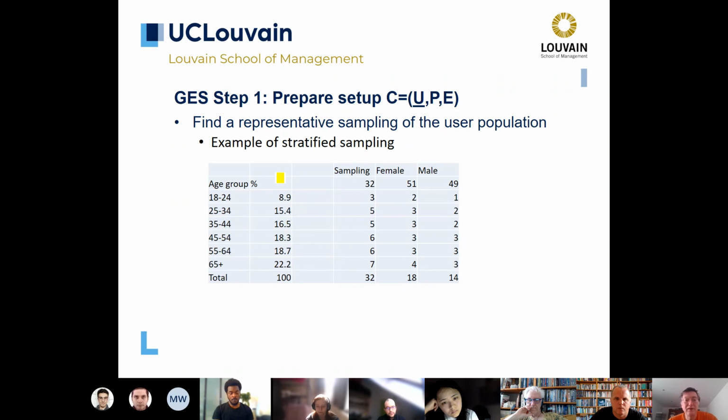So for instance, in this case, this is a statistic of a population who is using more or less electronic devices belonging to the Internet of Things. It means that between 18 and 24 years old, only 9% of the population is using, let's say, Internet of Things devices. In the next age range, we have 15%.